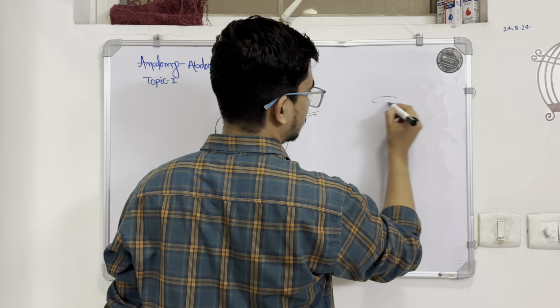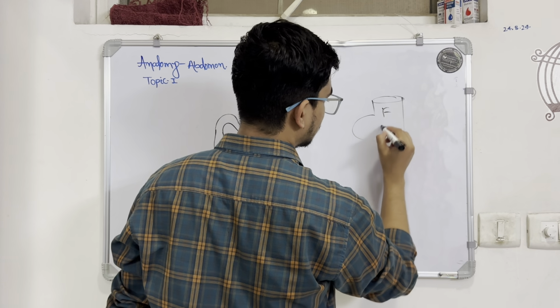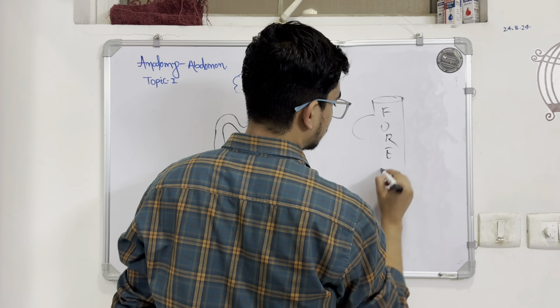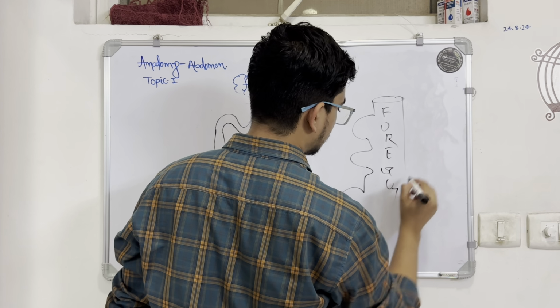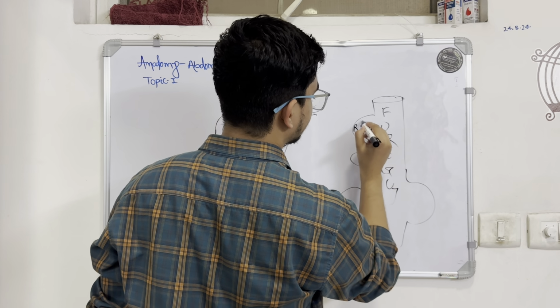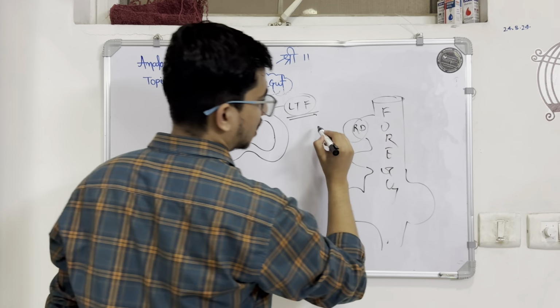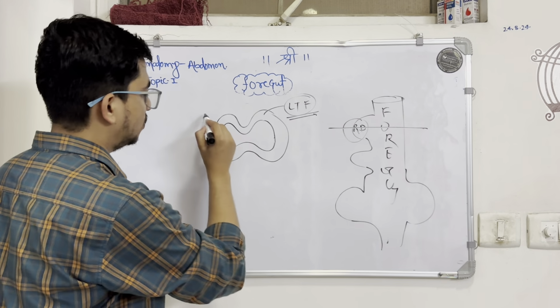We know that from the previous diagram. Here is the respiratory diverticulum. Now I am going to cut this section like this and see it from above. So it will look like this.